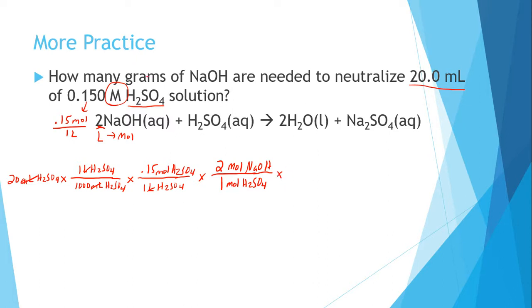But it's not asking for moles of sodium hydroxide. I want grams. So remember, from moles to grams, we're going to use molar mass. So we can put moles of NaOH on bottom. And then if you calculate that molar mass, it's 39.9969 grams. Note that this is the molar mass of sodium hydroxide, NaOH, right there.